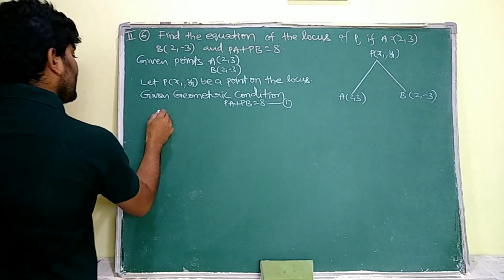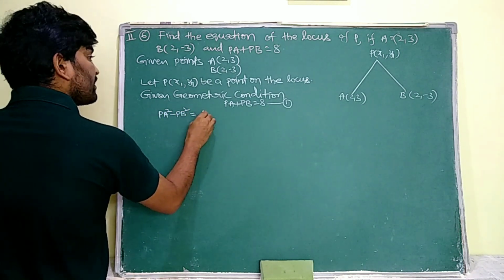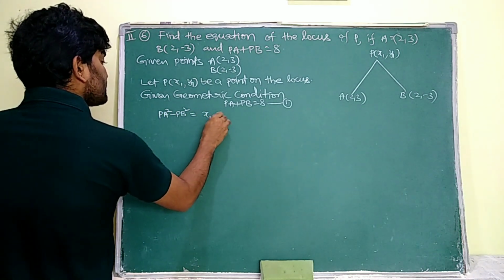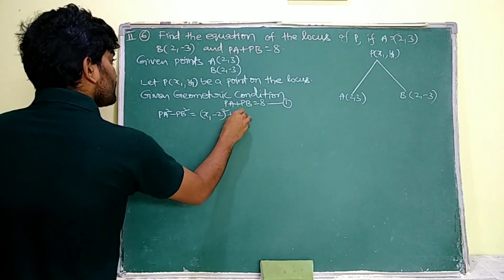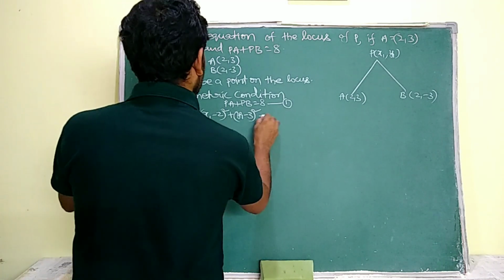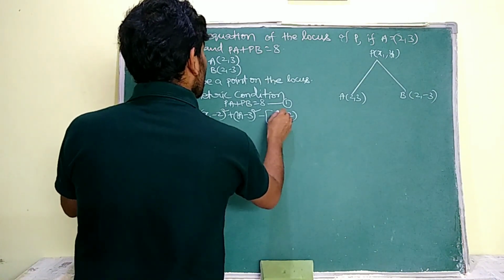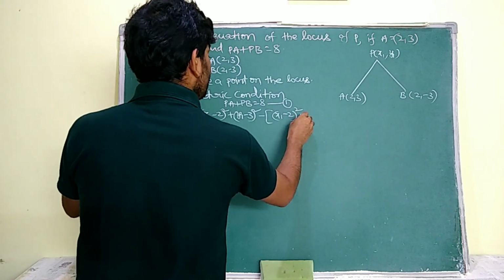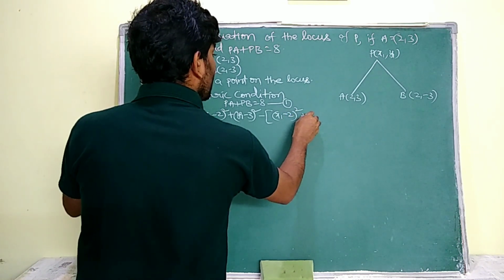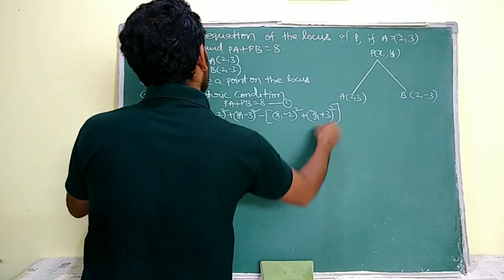Now just calculate PA square minus PB square. PA square means x1 minus 2 whole square plus y1 minus 3 whole square, minus PB square means x1 minus 2 whole square plus y1 plus 3 whole square.